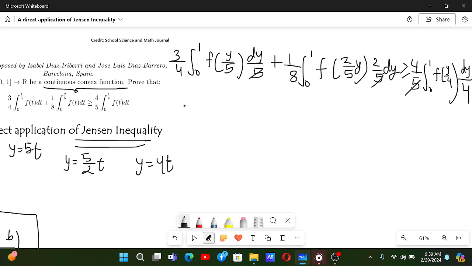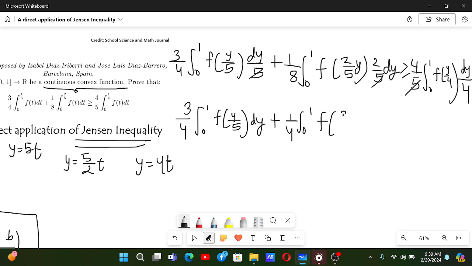So this will be 3 by 4 integral from 0 to 1 f of y by 5 dy, and this will also be 1 by 4 integral from 0 to 1 f of 2y by 5 dy, greater than or equal to 1 integral from 0 to 1 f of y by 4 dy.